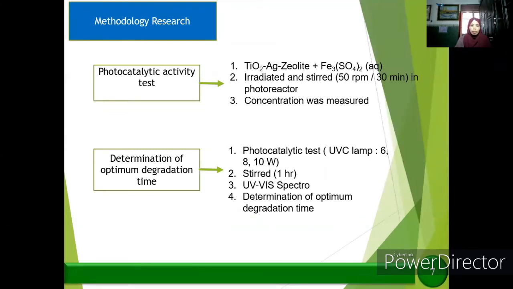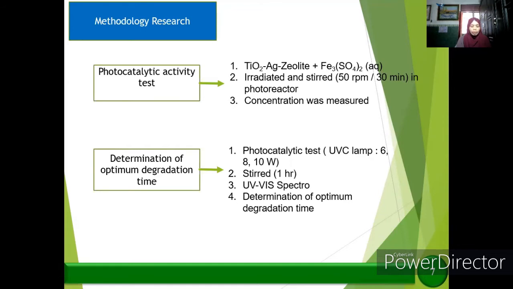The next work is the photocatalytic activity test. The nanocomposite of TiO2 silver zeolite was added to 100 milliliters of ferric sulfate waste solution. The mixture was allowed to stand for 30 minutes in a photoreactor.